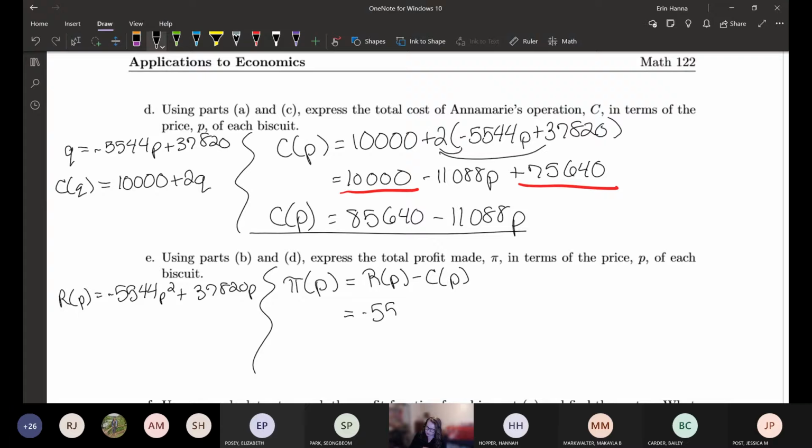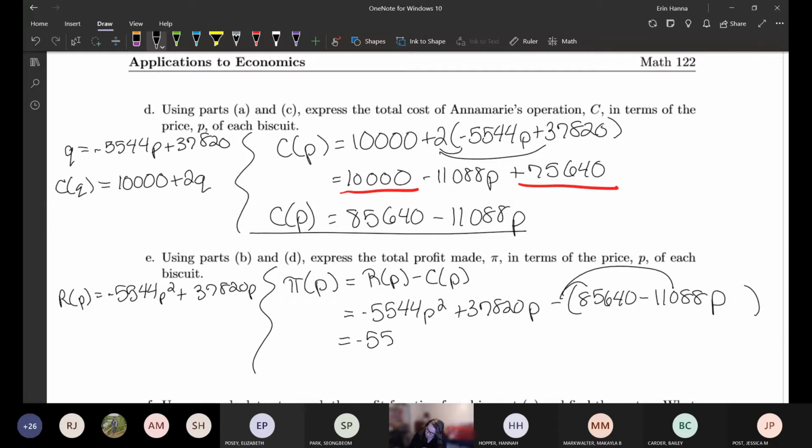So we have the negative 5544 P squared plus 37,820 P minus, always put your cost function in parentheses to make sure you distribute the negative correctly. So we will want to distribute that negative. Usually I would skip this intermediate step and just jump to the answer, but I'll write it out just in case.